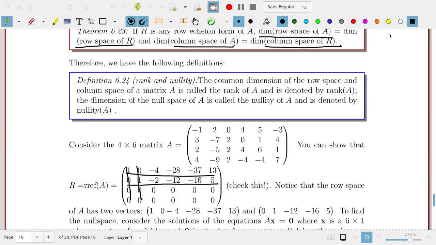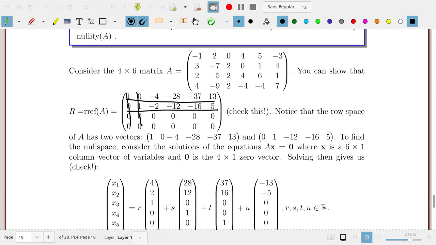So notice that the rank of this matrix is 2, rank of A equals 2, and the nullity of A equals 4. And rank plus nullity gives you 6, right?